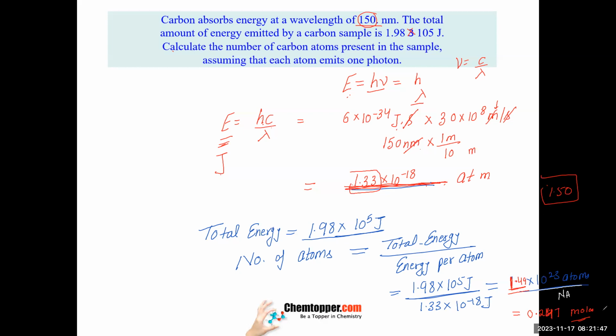But if I say I want to know the grams of carbon, what is the mass of the sample, the mass of the sample of carbon, then what should I do? Then you will take this 0.247 moles and multiply it by the molar mass, 12 grams per mole.